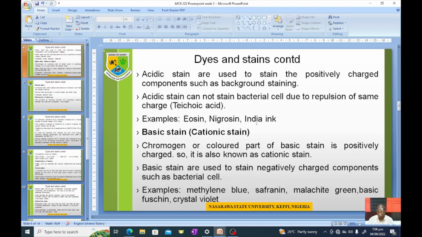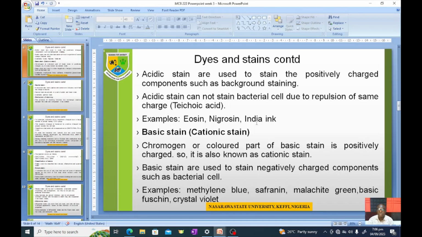Background, because the nucleic acids are acidic in nature, and because an acidic stain is acidic in itself, the like poles will repel. So the acidic stain will rather stain the background, which is believed to be alkaline in nature. Acidic stain cannot stain bacterial cell due to repulsion of same charge.